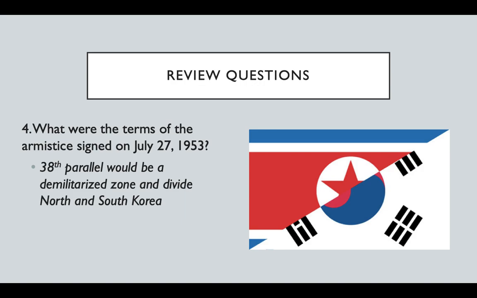A couple of things about this. The reason why it occurs in 53 is we have a presidential election where Dwight D. Eisenhower, I like Ike was his slogan, defeats the one and only Adlai Stevenson, who then runs against him again in 56 and loses again.